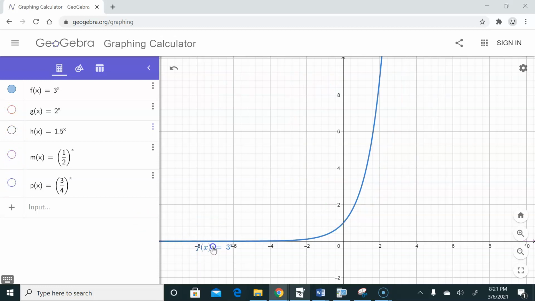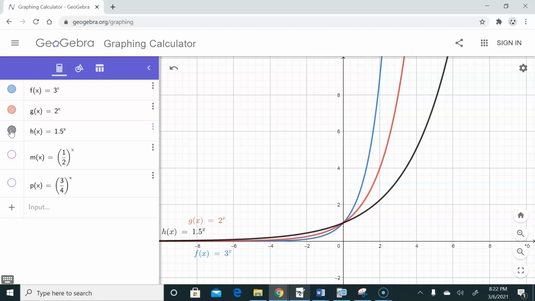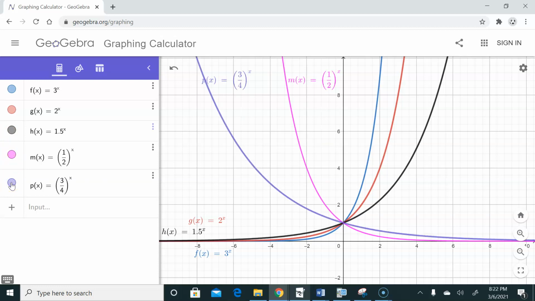See, now I just have f of x. That's the blue one. I could add on g of x, the red one, h of x, the black one, m of x, the pink one, and p of x, the purplish one.